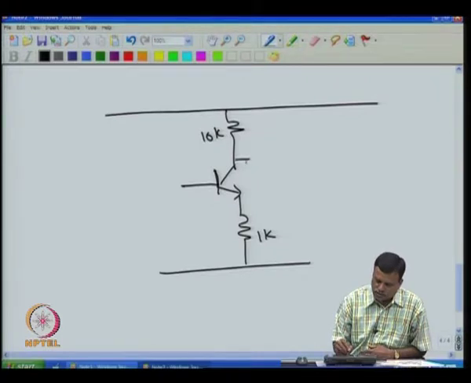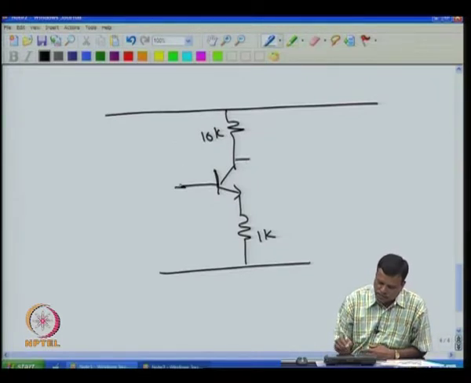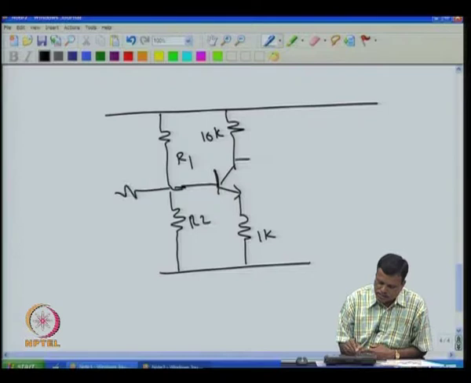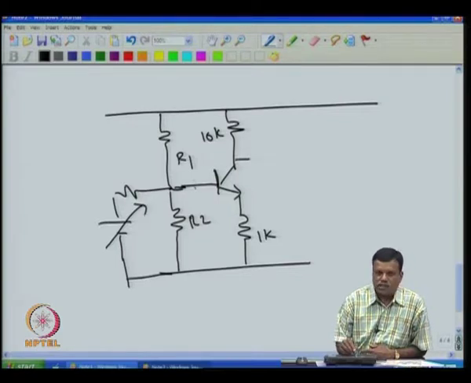So I want to keep 7.5, then I know that if I keep 7.5, then 7.5 volts drops would be here, then 0.75 volt drop here, and this has to be kept at 1.35. Then I can do that by selecting these resistors, R1 and R2. Then if I apply DC, I can apply a DC voltage here. Now, if I vary this voltage, then the voltage at this point will vary, and the voltage at this point will vary.